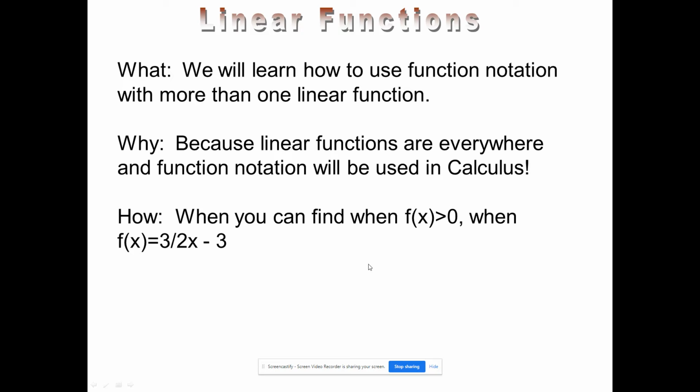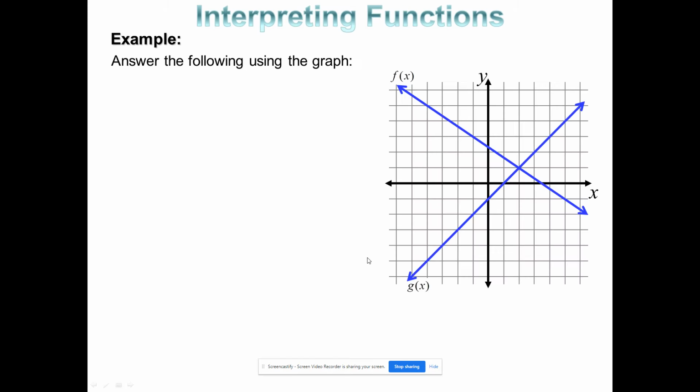Okay, so let's take a look. All right, so notice we have our graph, we have f and we have g. So this one's labeled f, so that's this line. This one's labeled g, so that's that line. And if we're asked something simple, find f of 5, we would go to 5 on x.